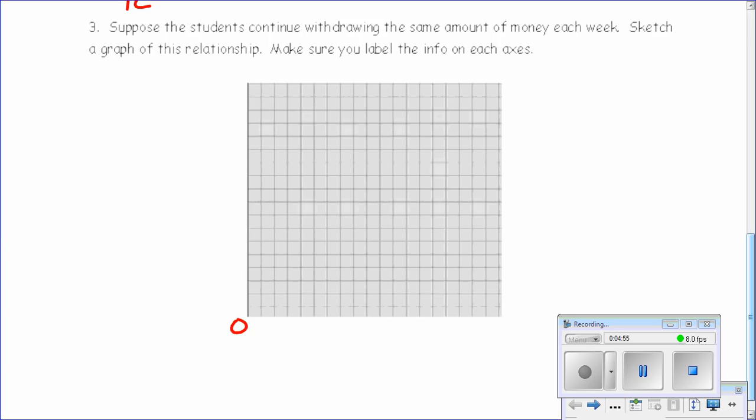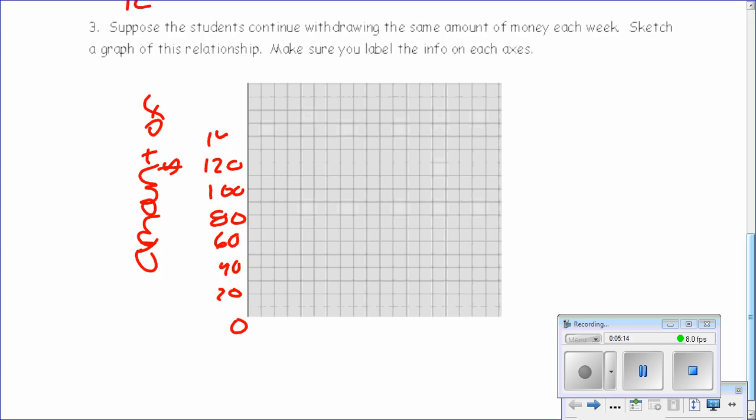Let's make our y-axis amount of money. Let's go by 20. So we have 20, 40, 60, 80, 100, 120, 140, 160.